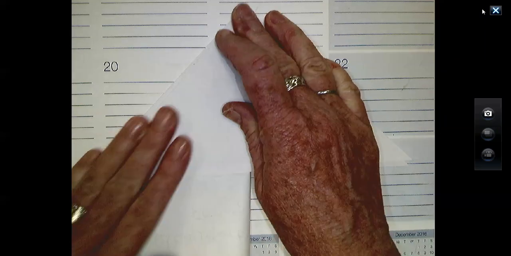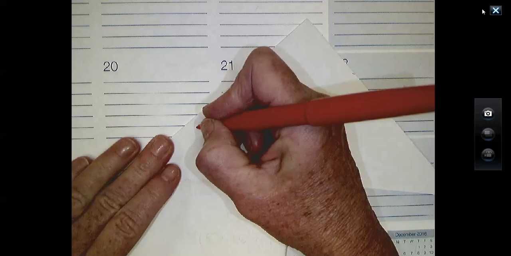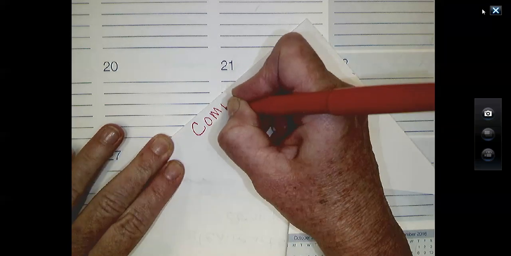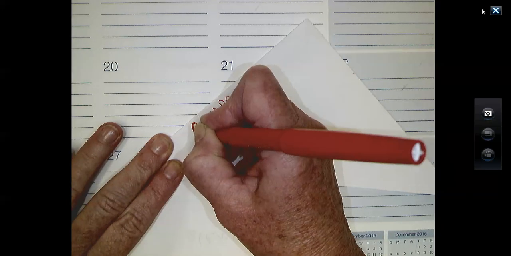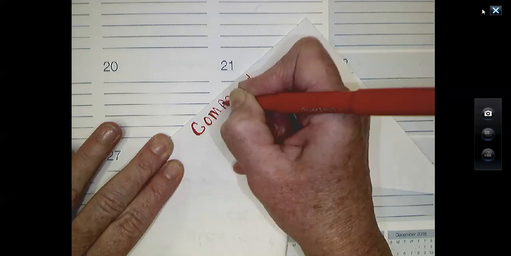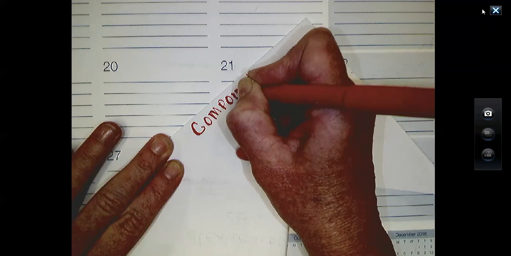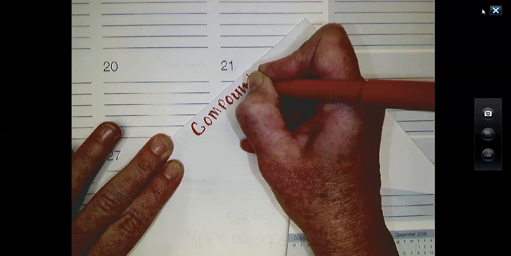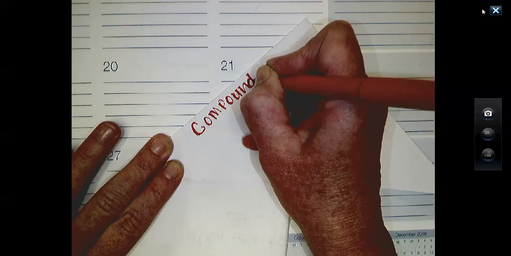Okay, on this side, take your flap, fold it over. We've got compounds. Okay.